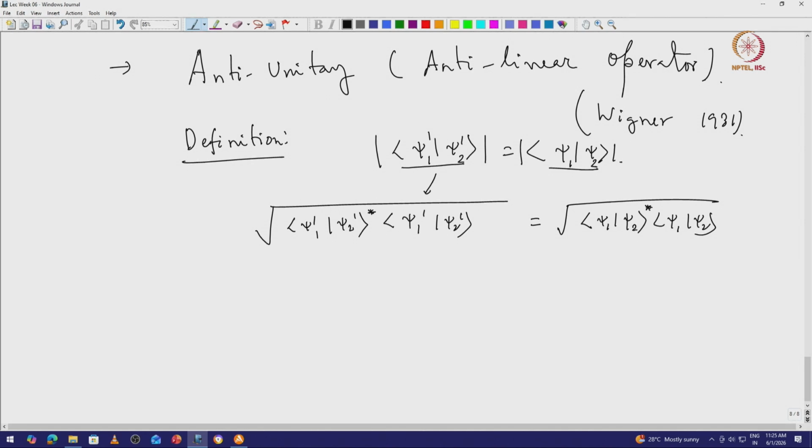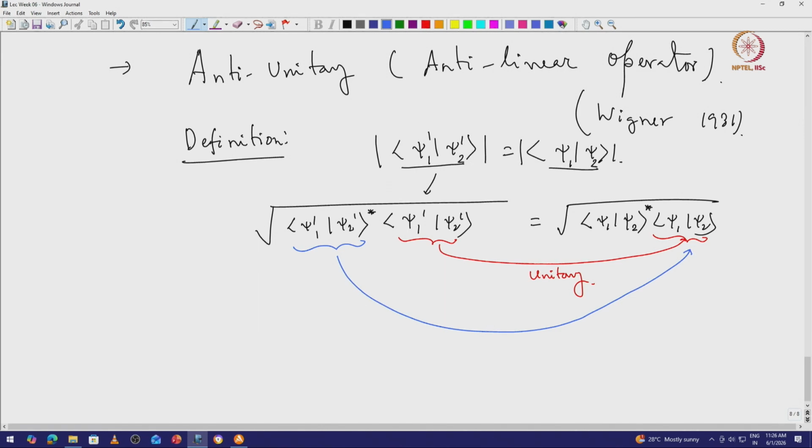Okay. So, now if it is unitary, we take this to be equal to this for unitary, right. We can even generalize this. It is a strong condition. How about we generalize this, so that this one is equal to this and correspondingly this one will then be equal to this.